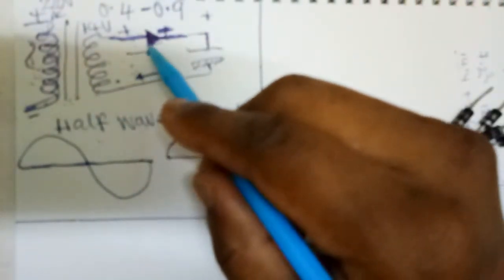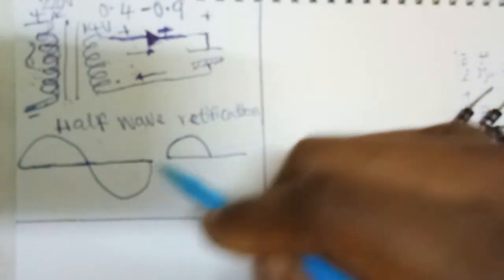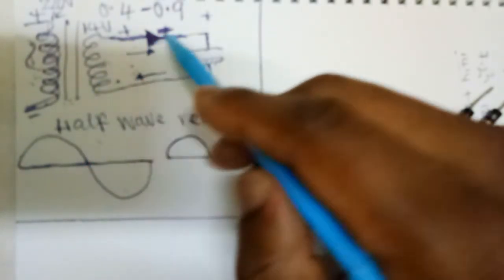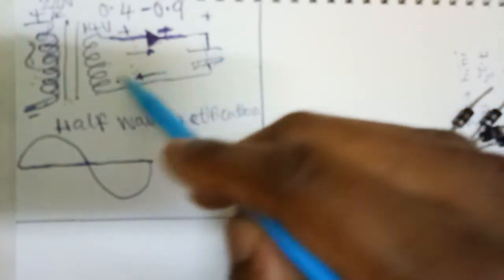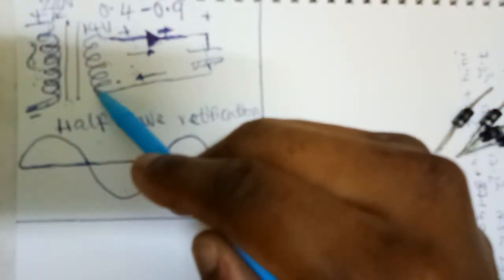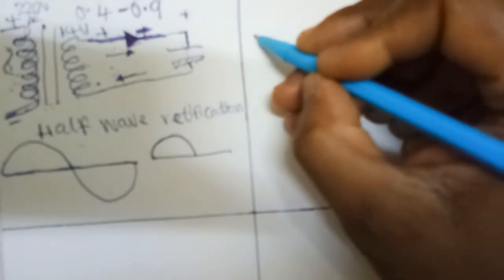Through this, you get only one sine wave instead of two, because the positive voltage, which is the positive half cycle, which is from here to negative, during the negative half cycle, the polarity will change. This is a transformer.